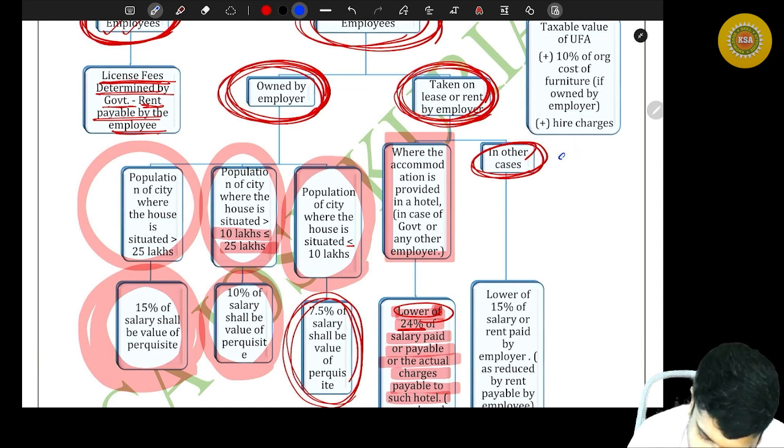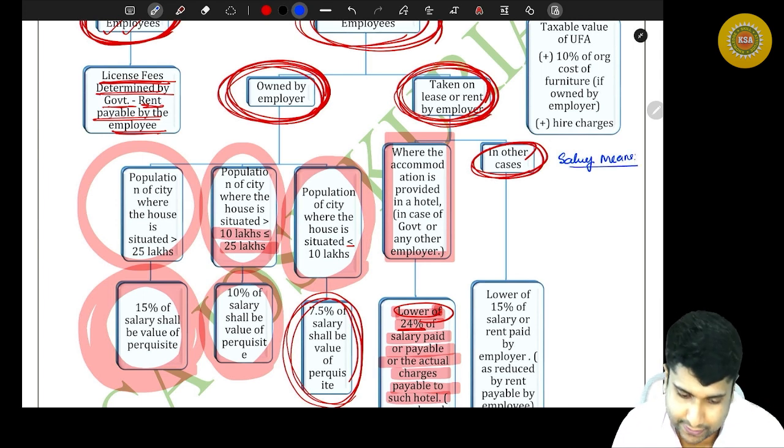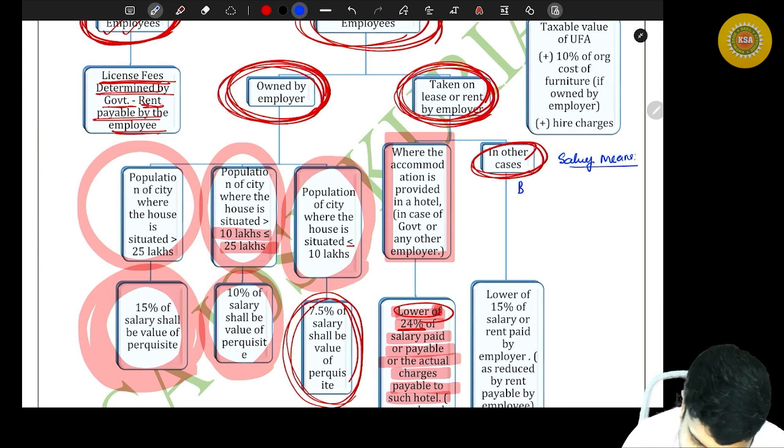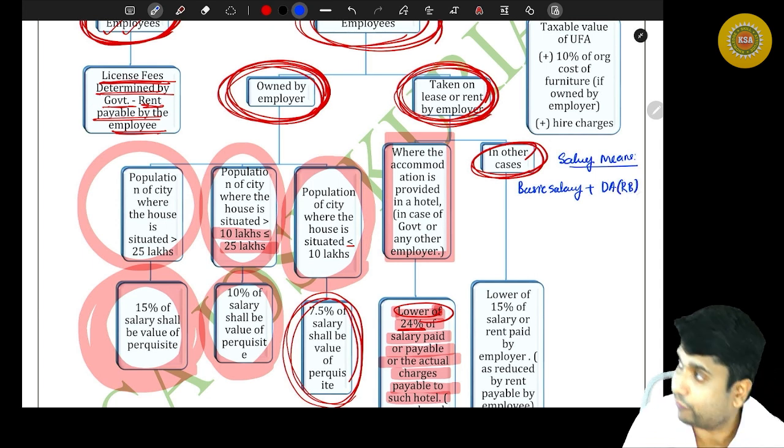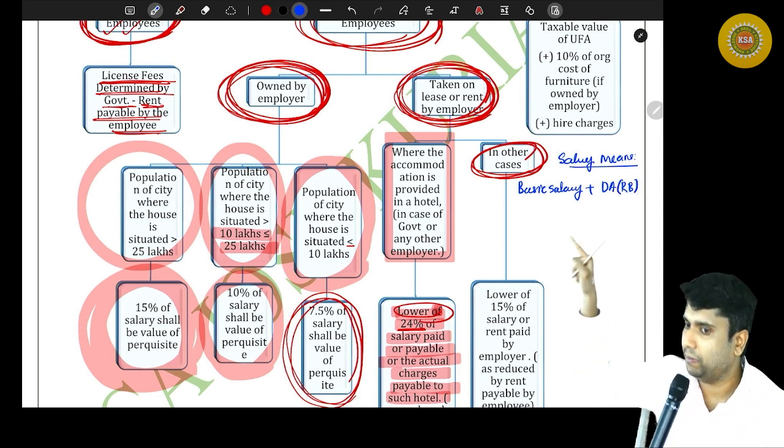Salary means basic salary plus DA if it forms part of retirement benefit. RB means what, friends? Retirement benefit.